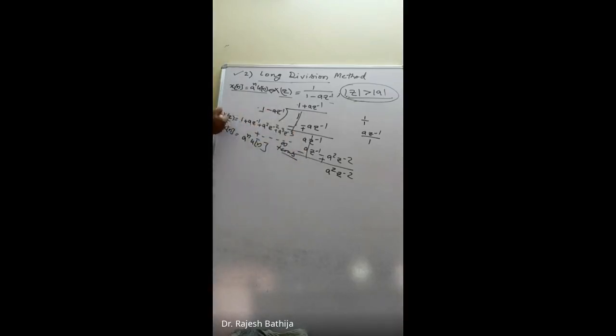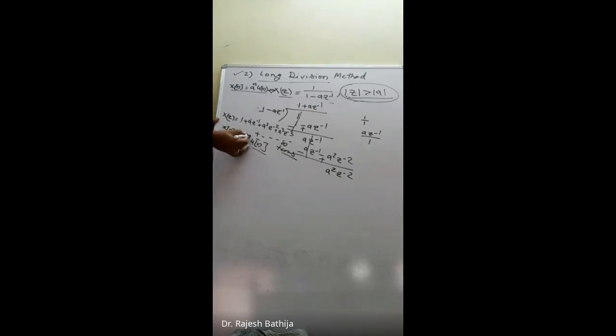In negative, it is 0, and that is decided by u(n). In negative, u(n) is 0, and in positive, u(n) is 1. When I substitute n equal to 0, it will be a to the power 0, which is 1. If I substitute n equal to 1, it will be a to the power 1, that is this value.